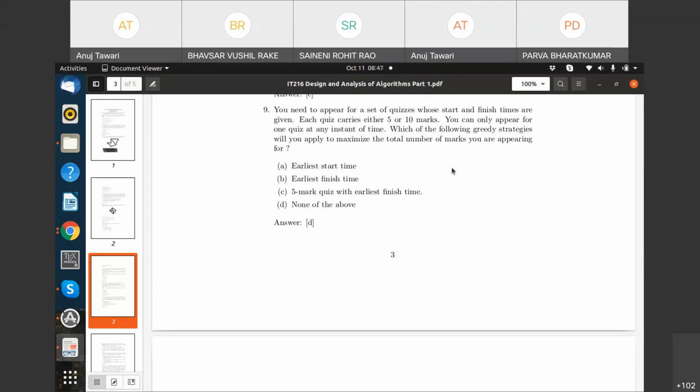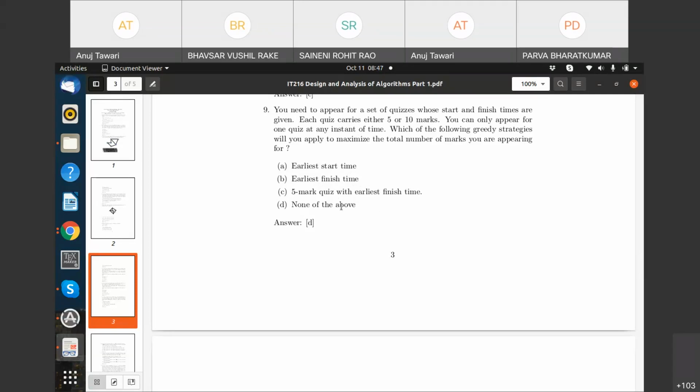Same thing for earliest finish time: again, you'll attempt the quiz of 5 marks. So neither of these strategies works, and the answer is none of the above.